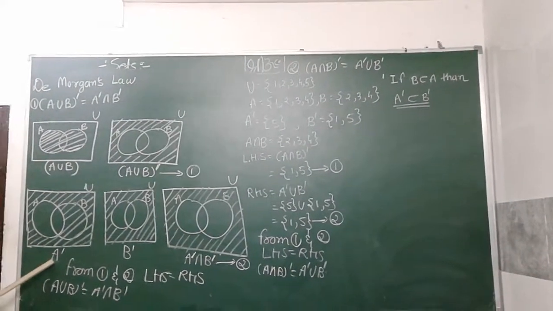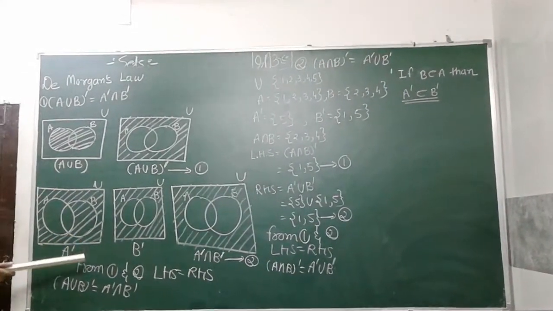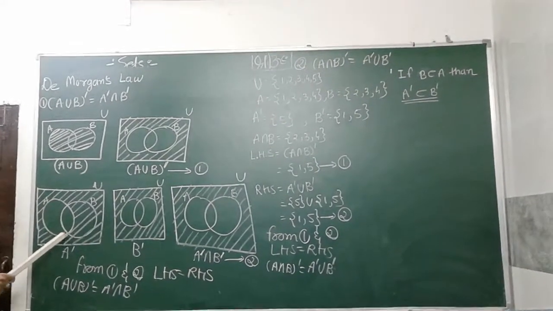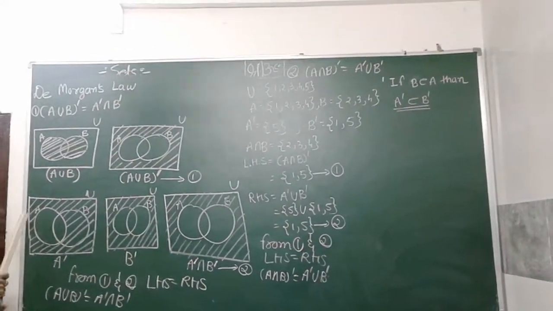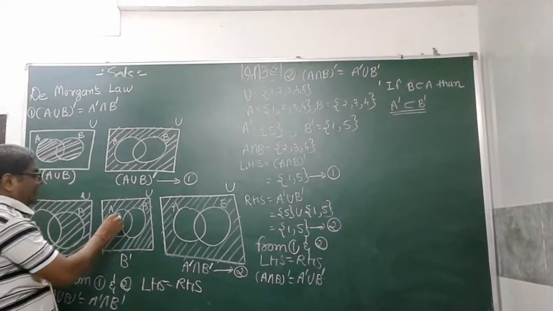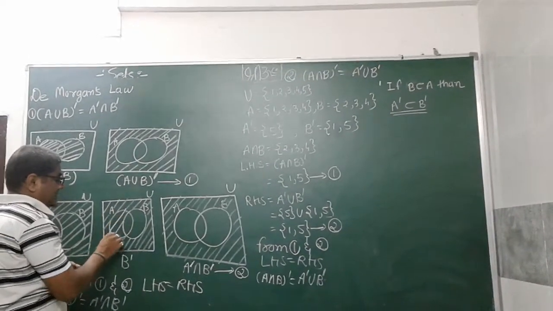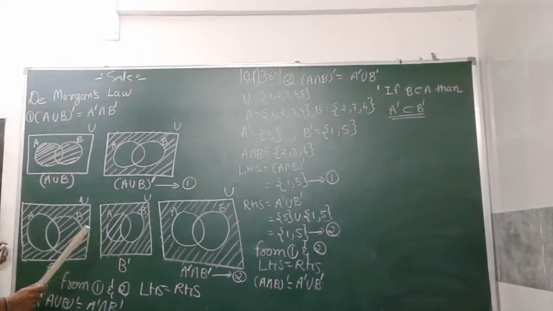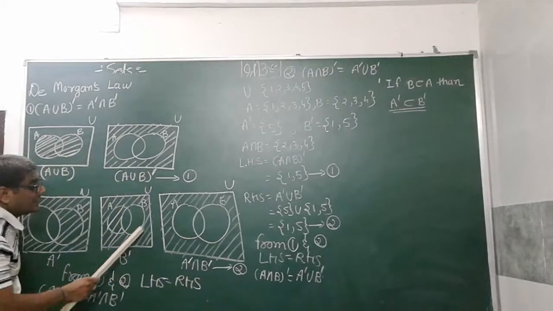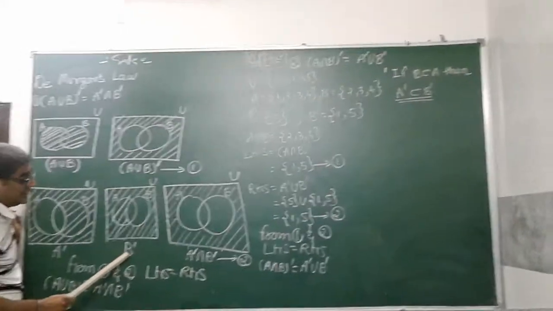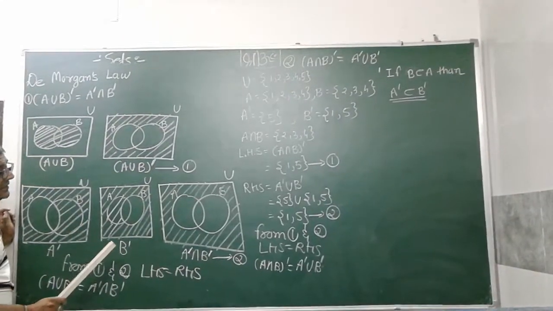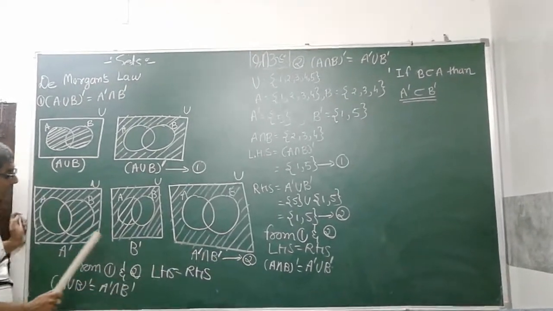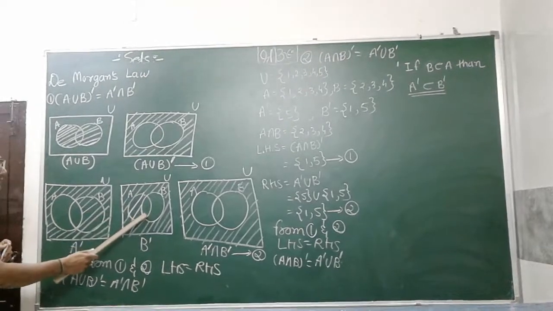What do we mean by A complement? The elements which are present in the universal set but not present in set A. What do we mean by B complement? The elements which are present in the universal set but not present in set B. Now, A complement intersection B complement: what portion is common in these?